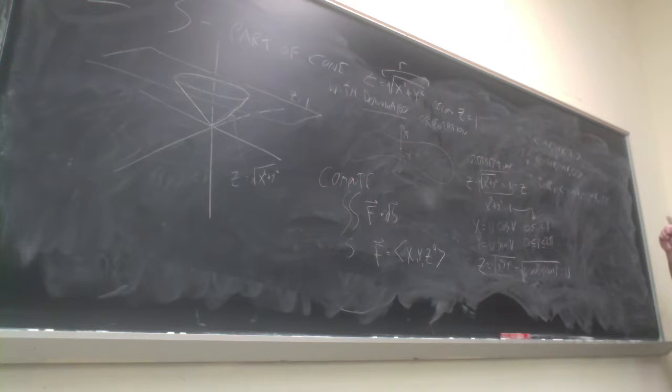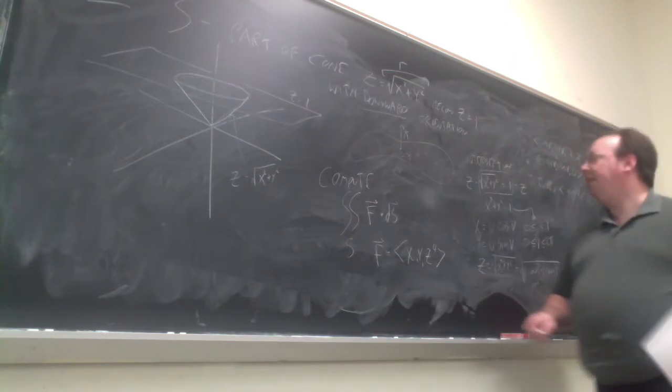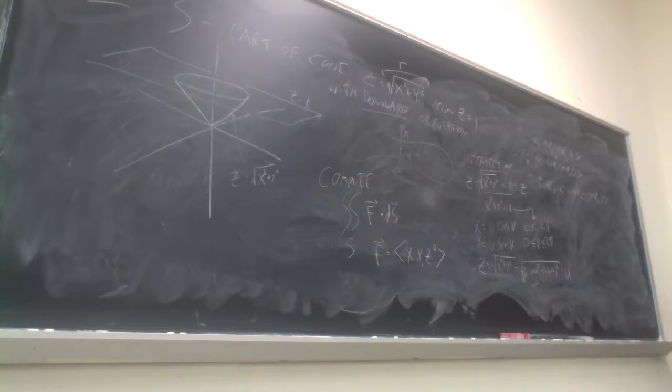So you keep in mind, what this is saying is that at any particular point on this surface, identified by parameter values u and v, this vector is perpendicular to the surface. But we want it to have downward orientation. If a vector is pointing down, then what does that say about the z component?